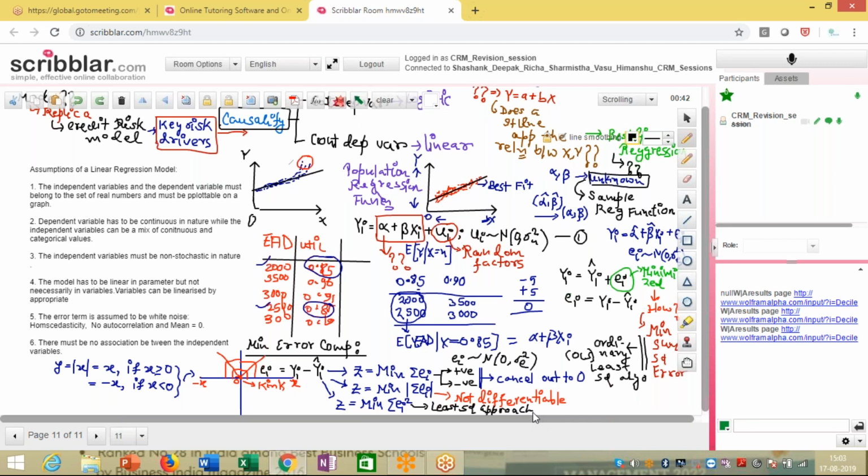Now, the next question is how do we go about doing this least square approach, right?